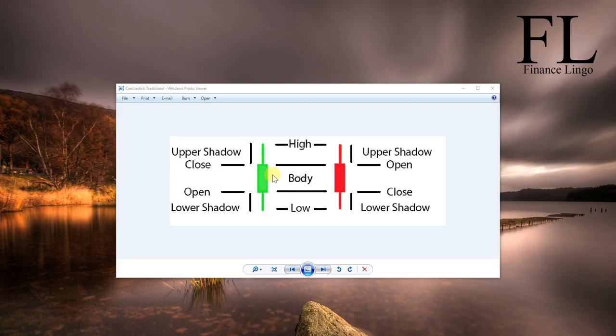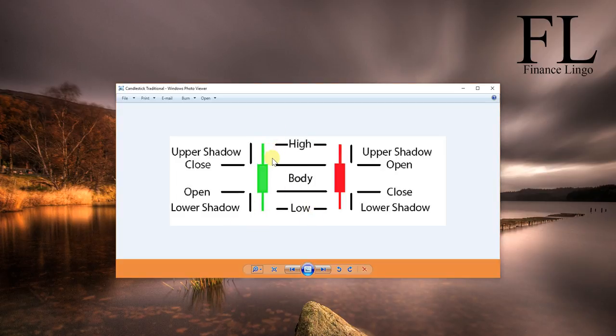Some analysts call the red body a soldier, trying to fight back the share price and preventing it from going up. So this is the highest point that the share price went, and the lowest point that it went. Each candle can represent one day, one week, or sometimes even one month, depending on how you want to analyze it. Alright, this is just the basics.